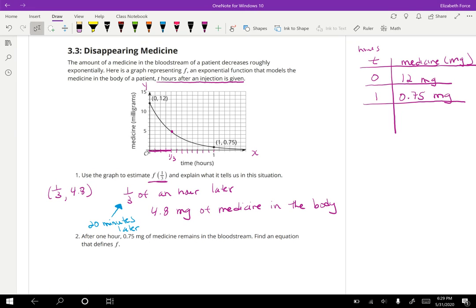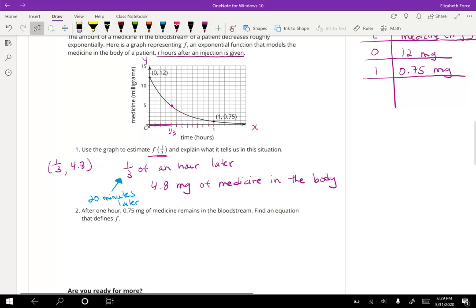If we look at number 2, it says after 1 hour, 0.75 milligrams of medicine remains in the bloodstream. Find an equation that defines f. So remember, if this is exponential, we want to know what our starting amount is, and in this case, our starting amount is 12. And we want to know our growth factor.